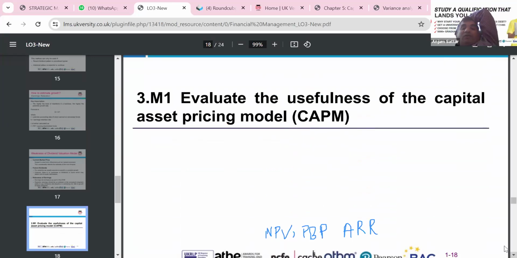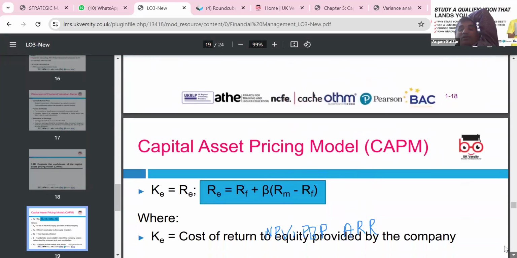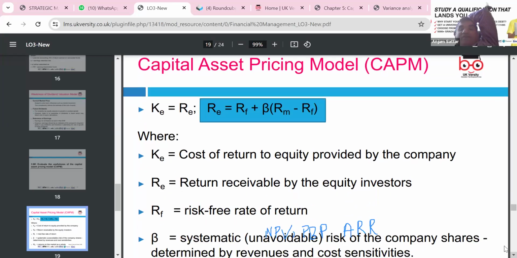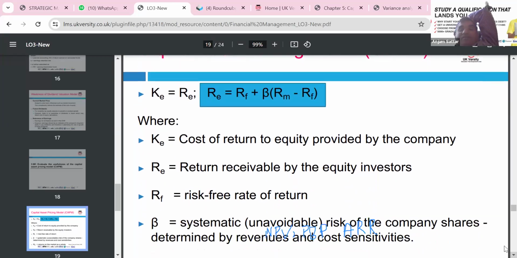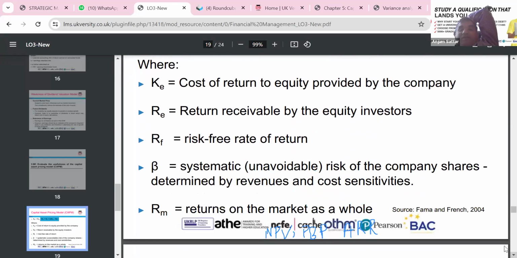So 3.1, we can look at the use of the capital asset pricing model, which is KE equals RE, the return received by the equity investor. RF is the risk-free rate, beta is the risk factor, RM is the return on the market, and RM minus RF is the risk premium of the market as a whole.